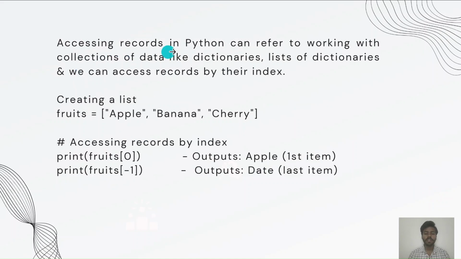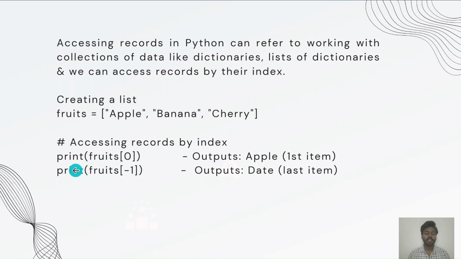Now, accessing records in Python can refer to working with collections of data like dictionaries or lists of dictionaries. In that case, we can access records by their index. Suppose we create a list of fruits in which we have apple, banana, cherry, and now we want to access apple.